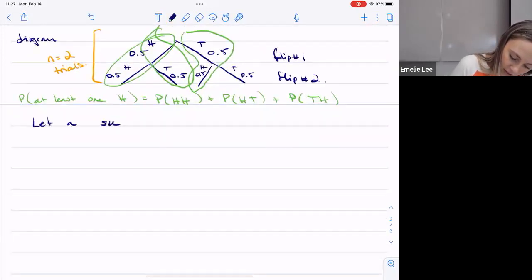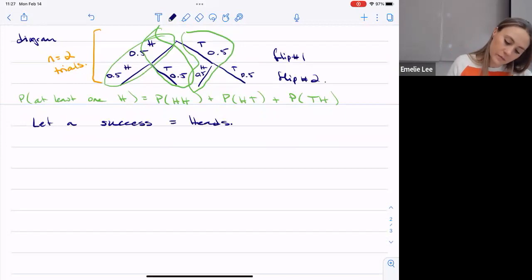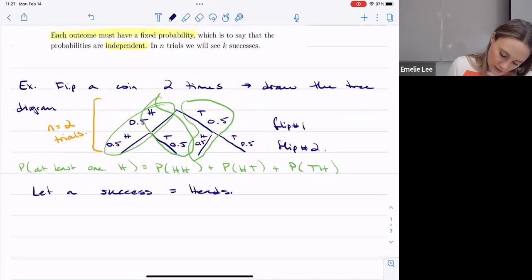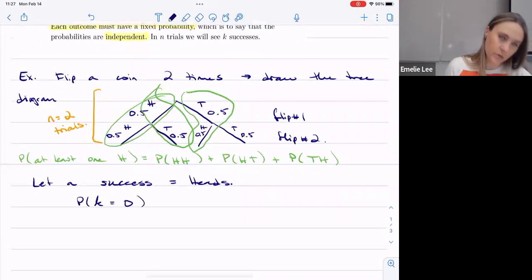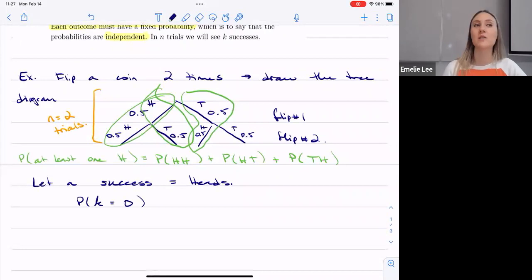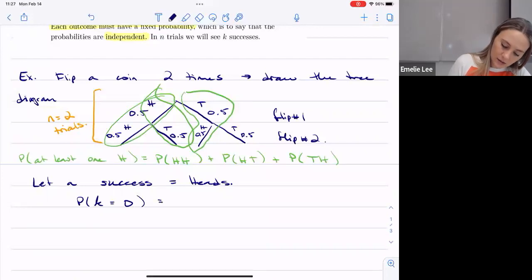If a success is heads, let a success equal heads, then the probability that k equals 0, and I'm going to start with 0 because that's the one that people often forget, is going to be the probability of tail, tail. Right?